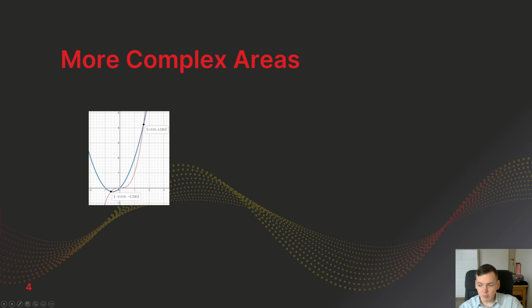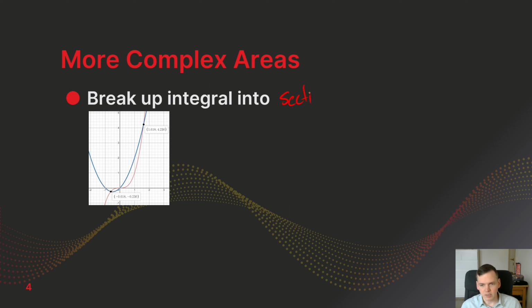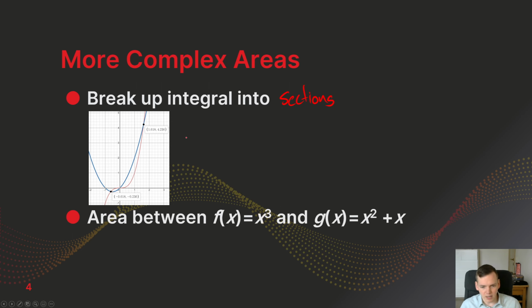So if it gets more complex, then all we have to do is break it up into sections. For example, here, the area between f of x equals x cubed and g of x equals x squared plus x.